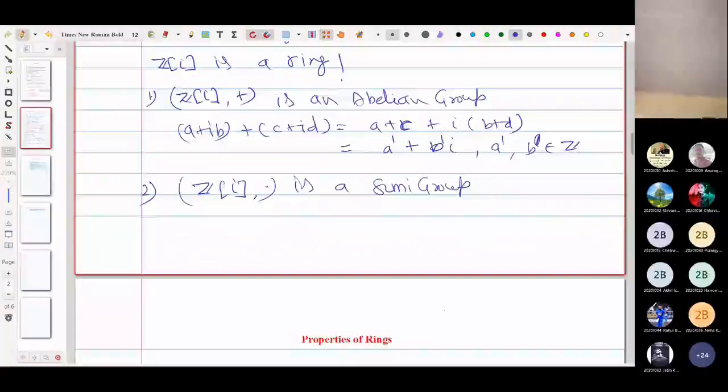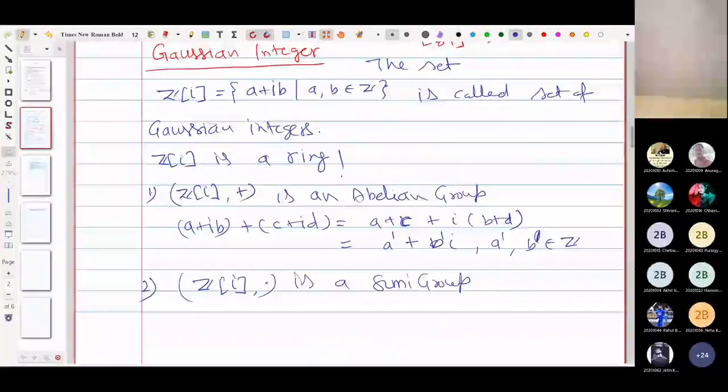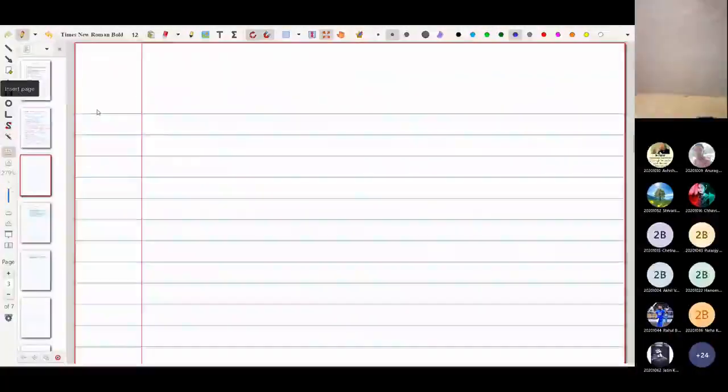Is a semigroup. So for a semigroup, what we need to do? We need to see whether it is closed or not.